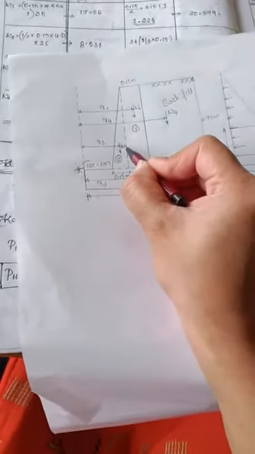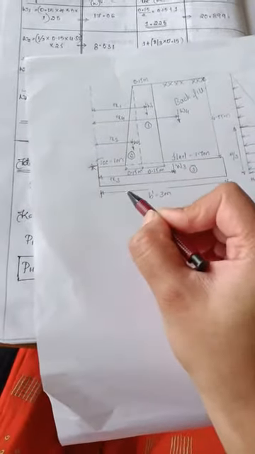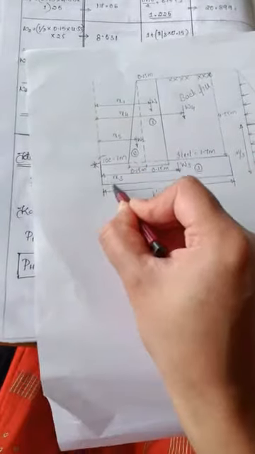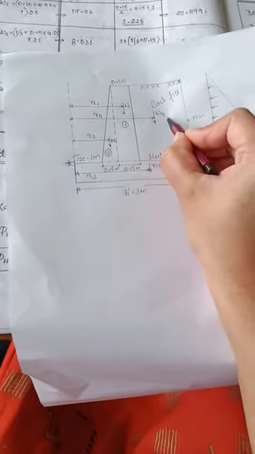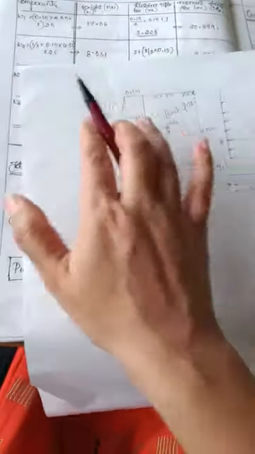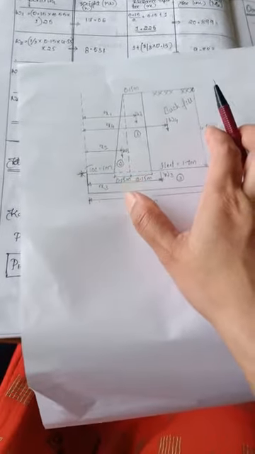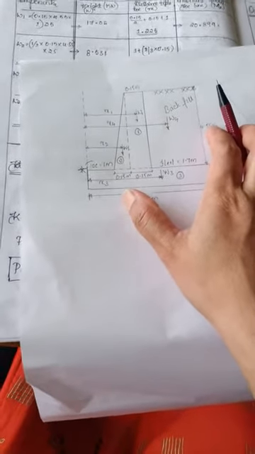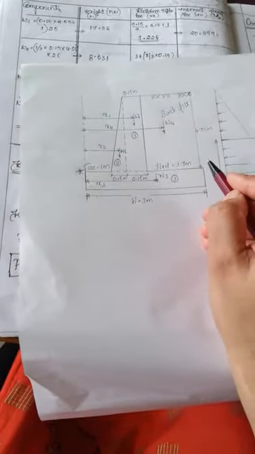Next one, W2, is in the format of a triangle shape. After that W3, once again a rectangle shape. Then this W4, that is the weight acting on the backfill soil. The overall components placed here, all those components included, give us the cantilever retaining wall.